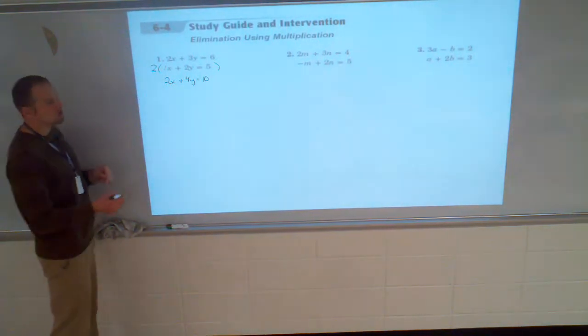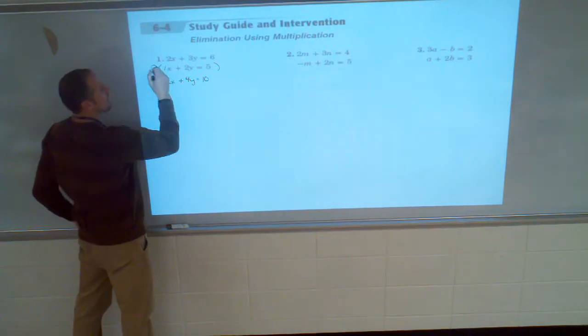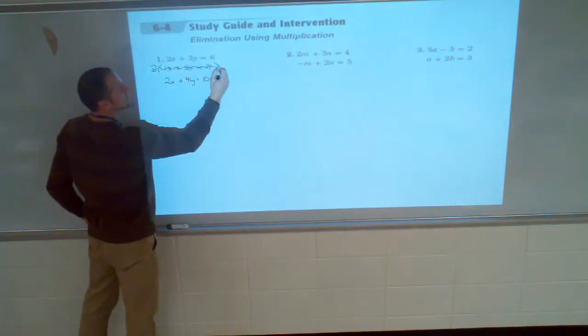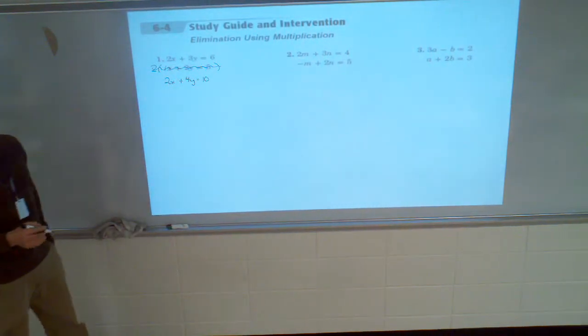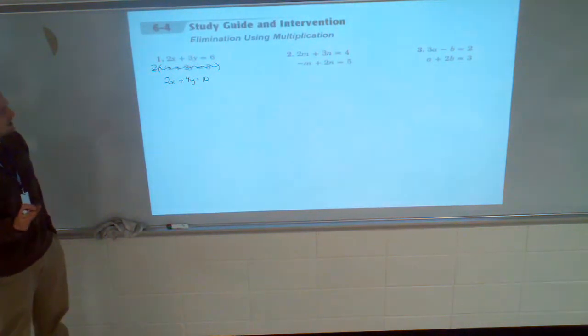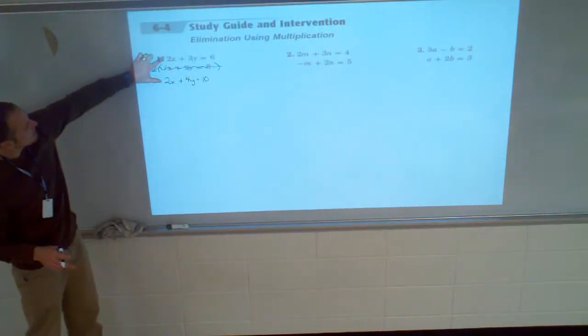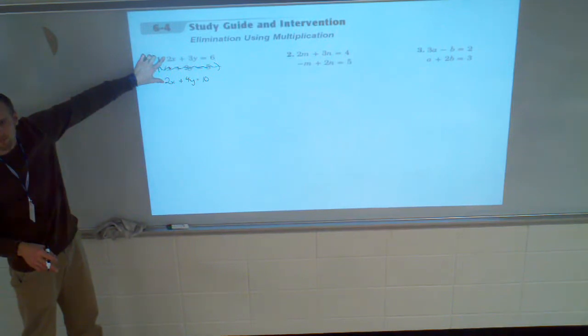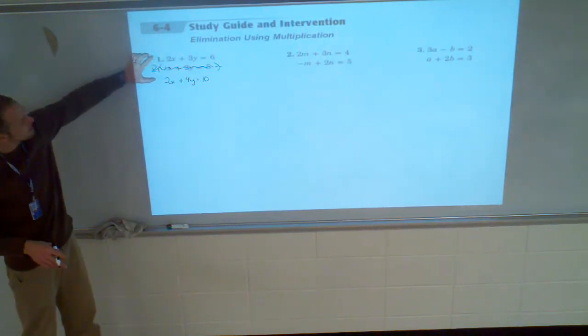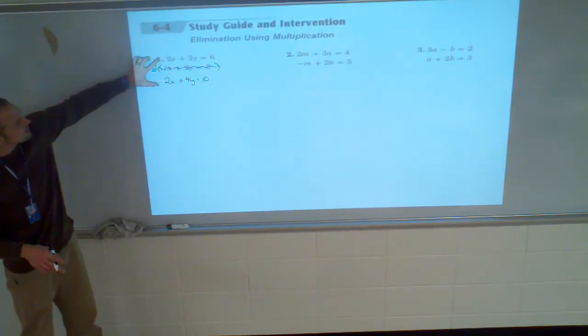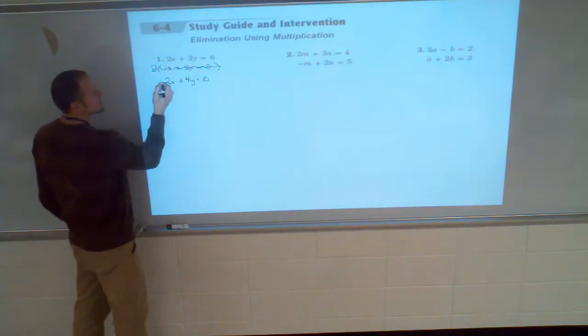Now my suggestion to you, after you have multiplied this, cross this out. Or on your whiteboards just erase it. So now, look, my x's are now the same, so I'm almost ready to eliminate it. The signs are also the same, so I'm going to change the signs.